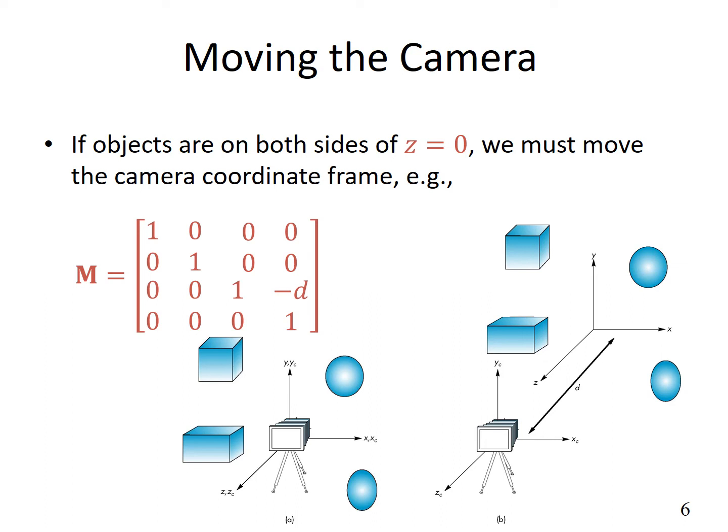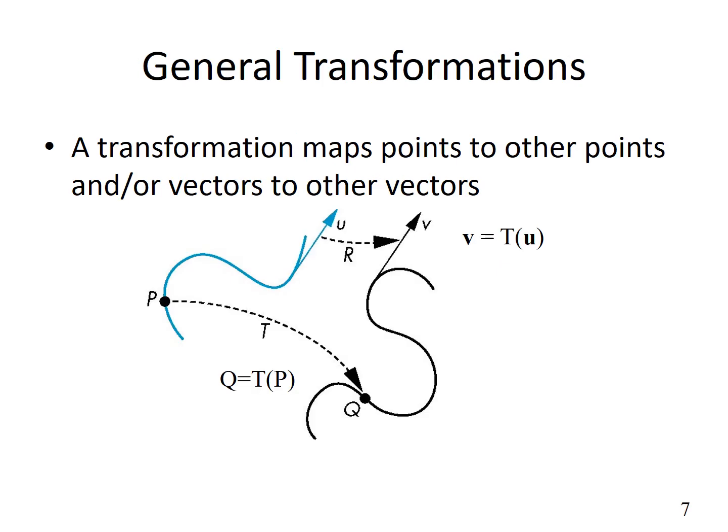So moving the camera, if objects are on both sides of z equals 0, we must move the camera coordinate frame. That is, we must translate the camera by -d so that it goes a distance d behind, so it can look at all the objects in front. A transformation maps points to other points and vectors to other vectors. There is basically a one-to-one correspondence between the mapping.